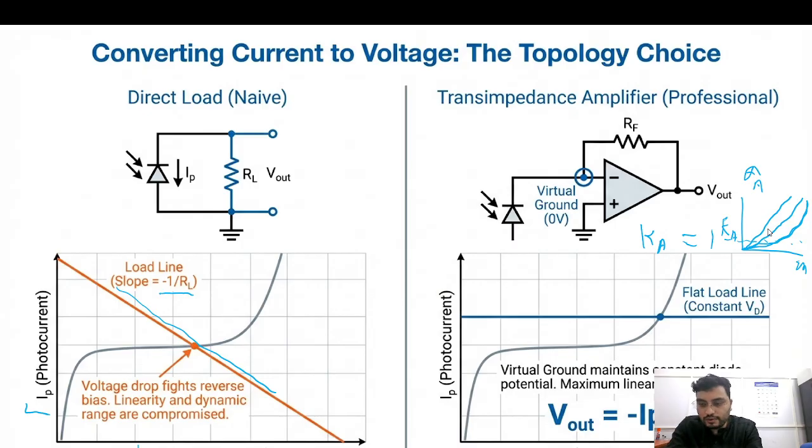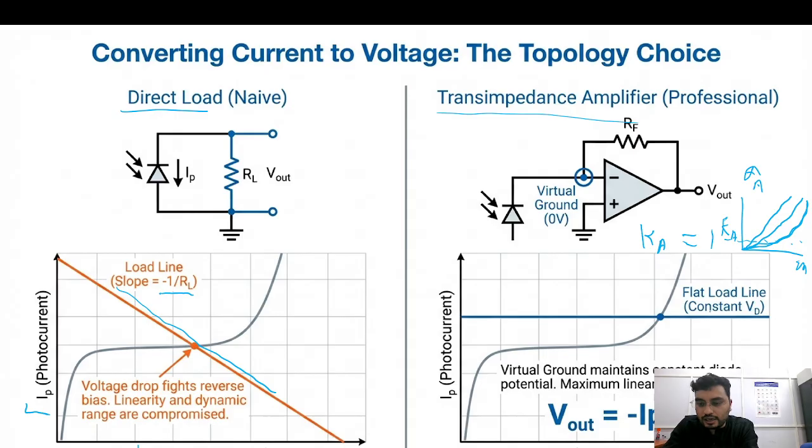Yeah, so we were talking about the noises. Now we will talk about converting current to voltage. First thing is that the direct load will have the problem with the load line, which is sloped. But if you are talking about the TIA, it will have a horizontal line.